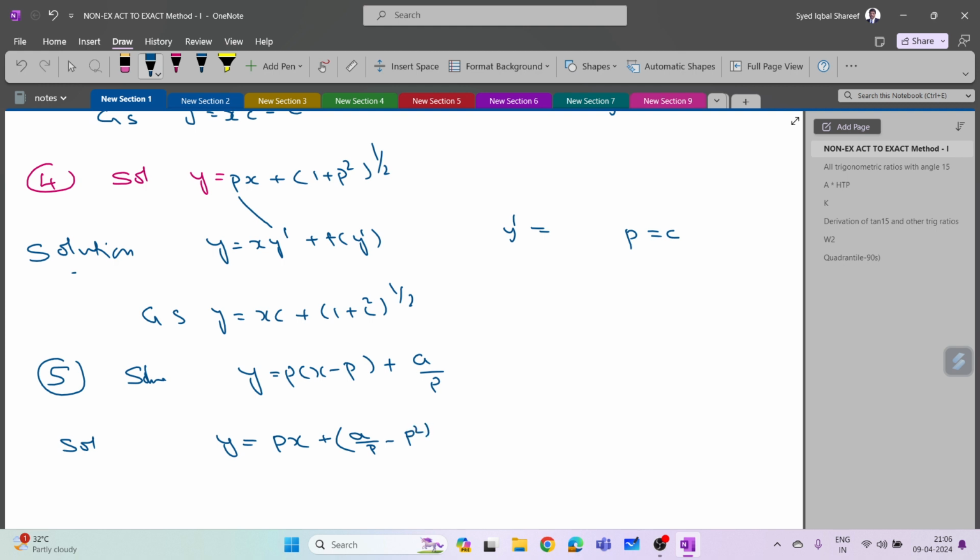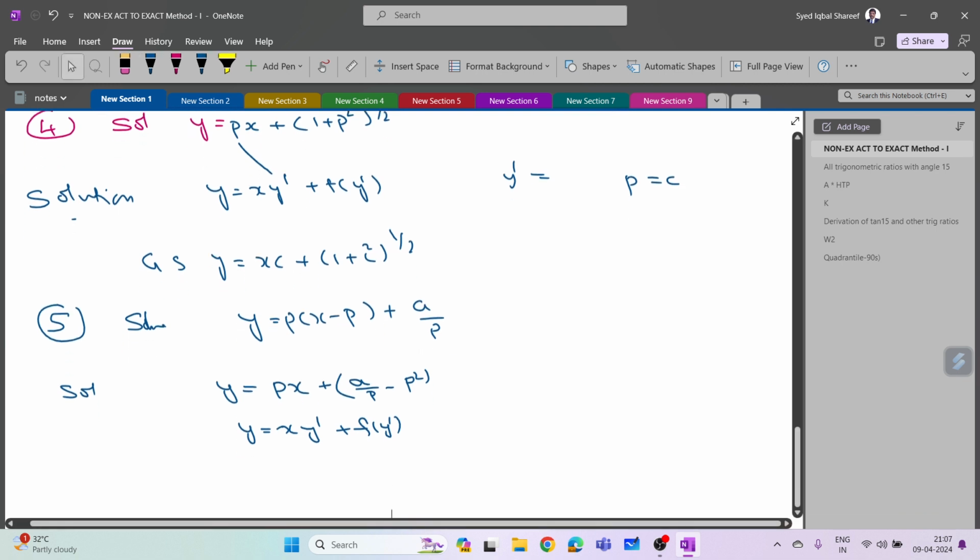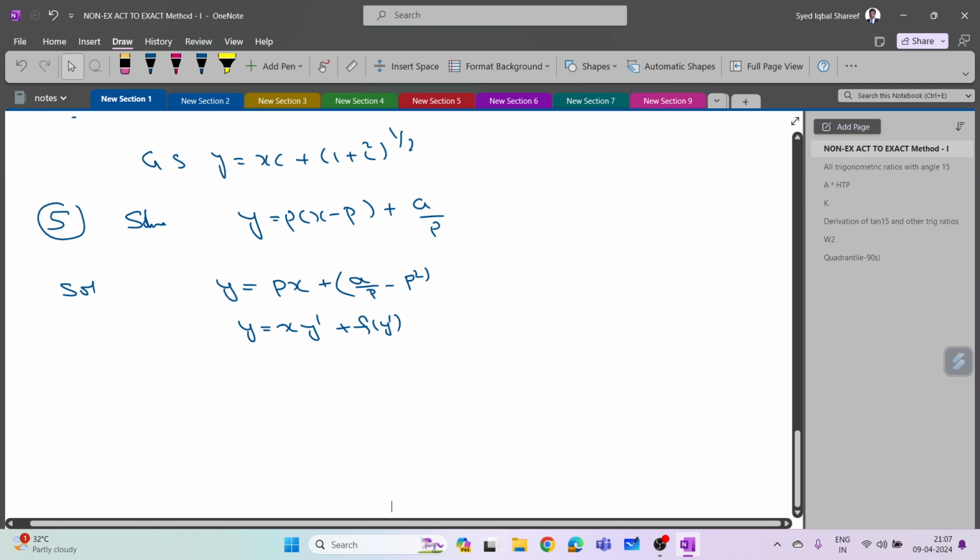Now comparing with the standard Clairaut equation, what does it say? x y dash plus f of y dash. So this is the Clairaut's equation.